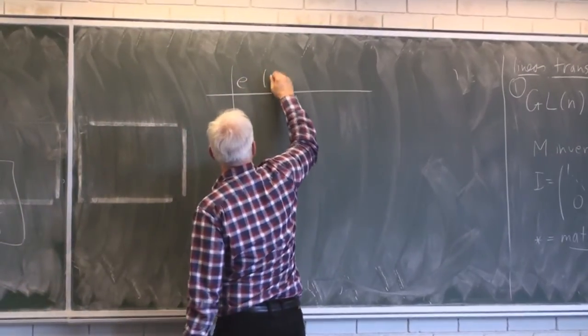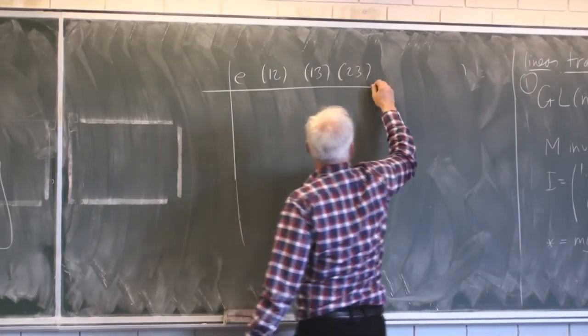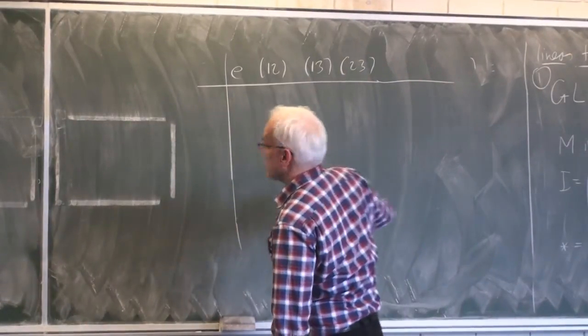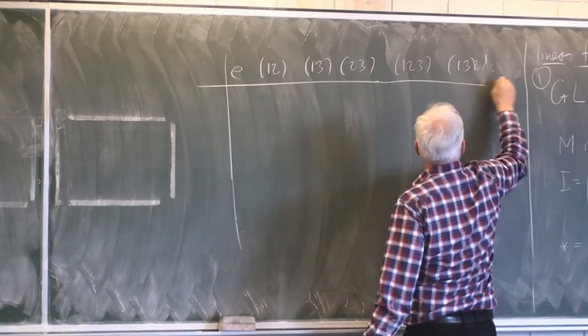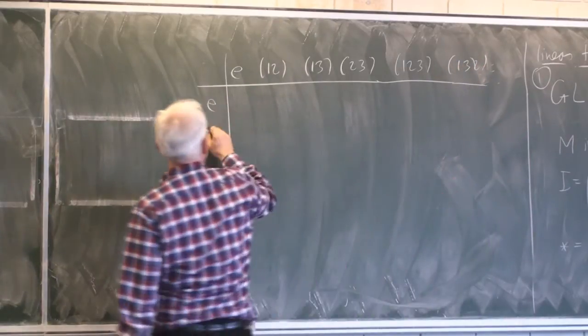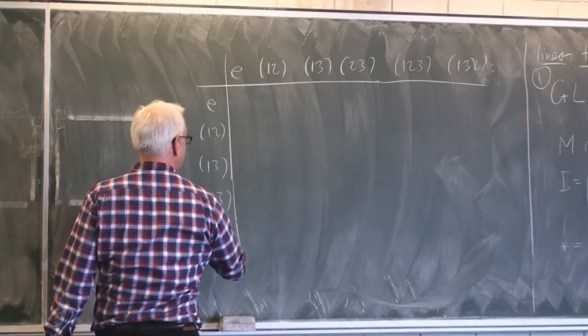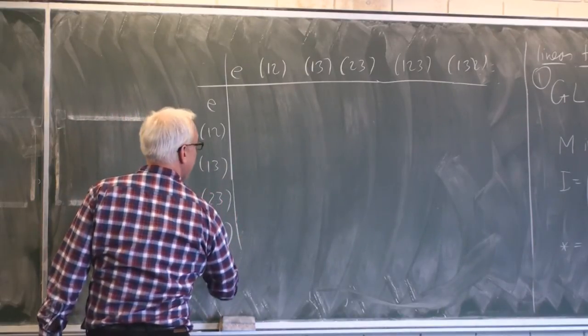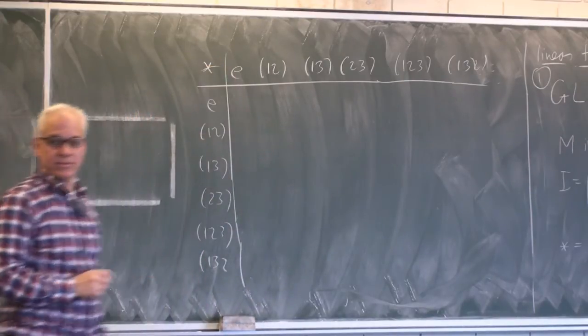So E, 12, 13, 23, 123, 132. E, 12, 13, 23, 123, 132. And here's our multiplication.